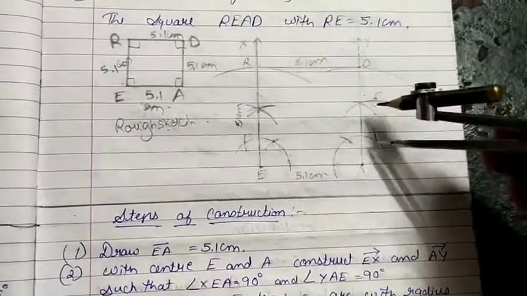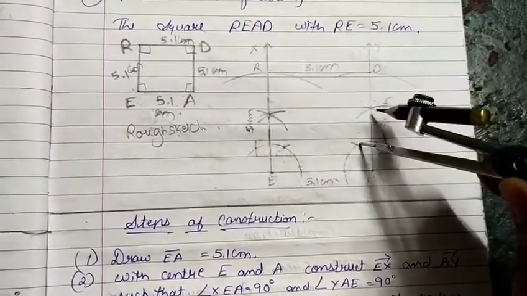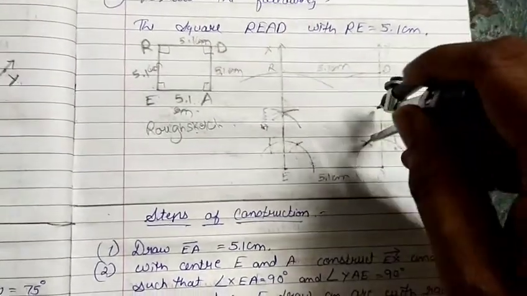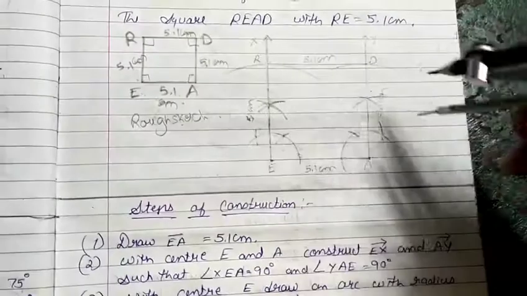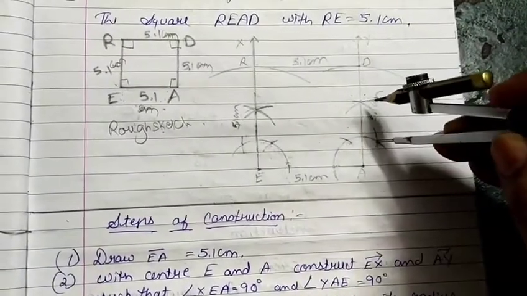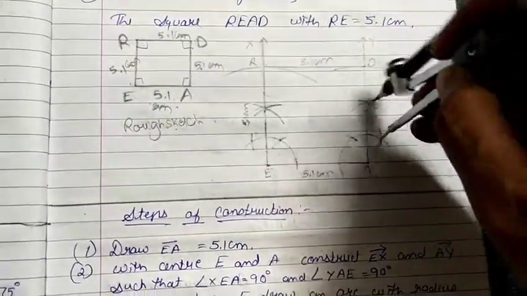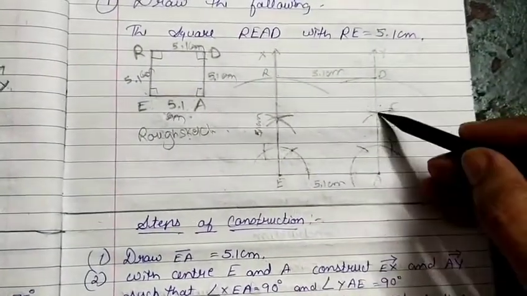And the same, place it over here at 60 degrees and make a cut, and place it on 120 and cut the previous arc. This is how you got 90 degrees.